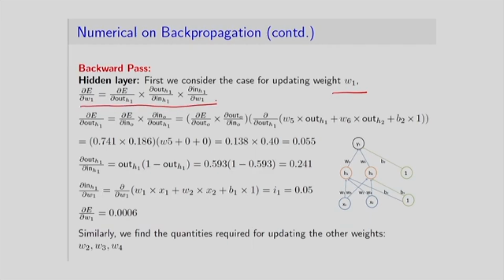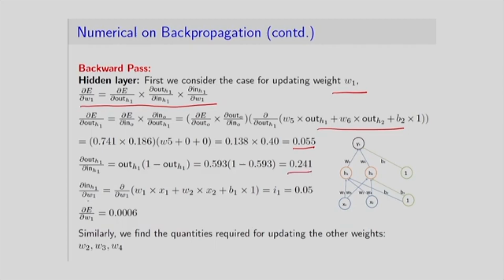So delta E divided by delta out H1 we can determine by this expression, and the value is 0.55. Similarly delta out H1 divided by delta in H1, that also we can determine, that is equal to 0.241.